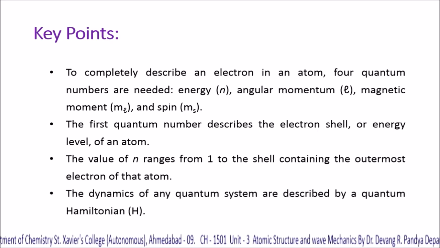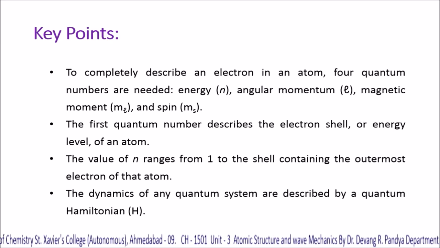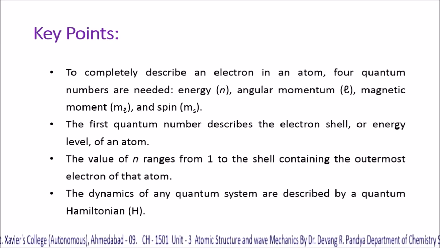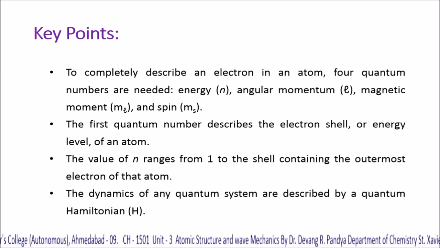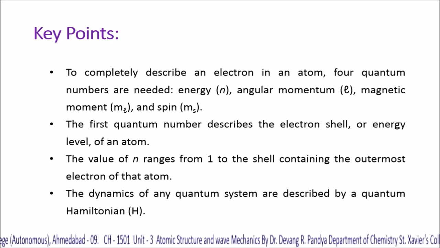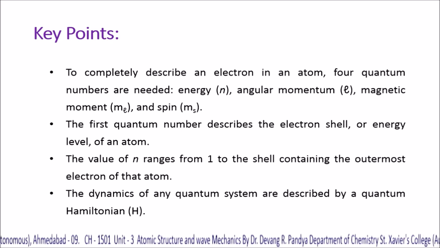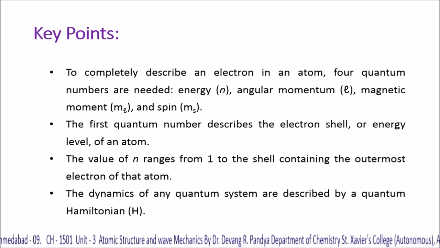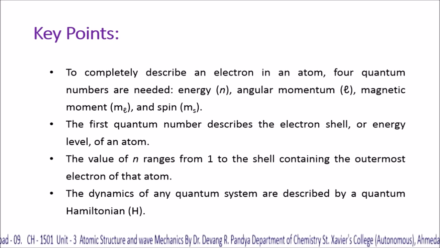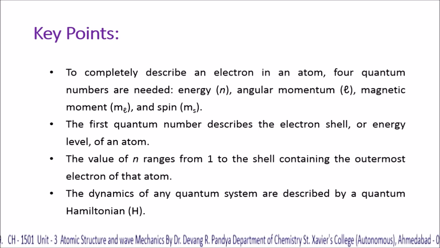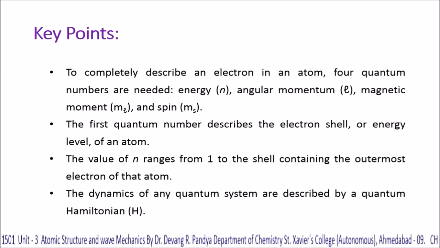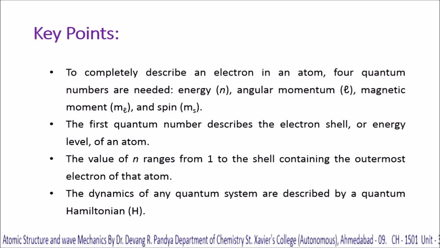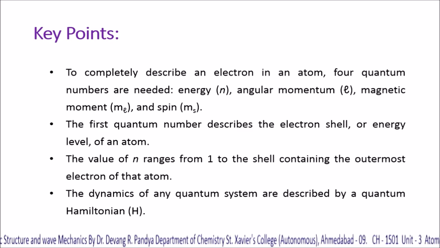The dynamics of any quantum system are described by a quantum Hamiltonian H. As I said in my previous lecture, Hamilton was a scientist who gave hundreds of mathematical equations based on imaginary waves, and on those Hamiltonian equations, Schrödinger gave a wave equation to define the probability of finding electrons surrounding the nucleus.